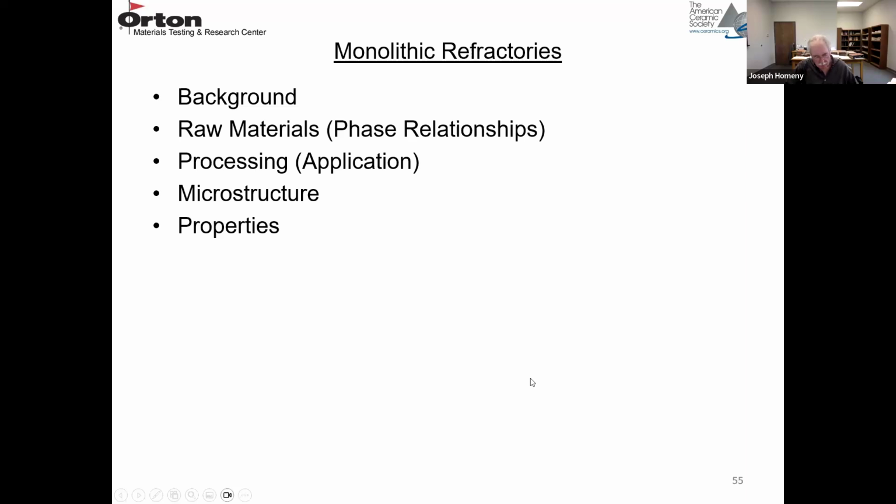Good morning. Last time we were about halfway through this section on monolithic refractories. We went over some background information, and then we were going over the raw materials, and we were a little bit more than halfway going through the different kinds of binders.